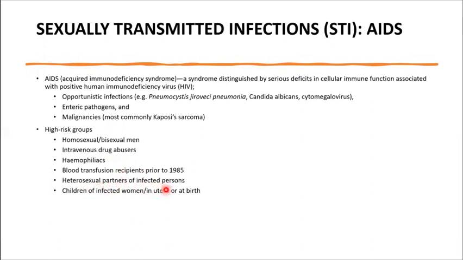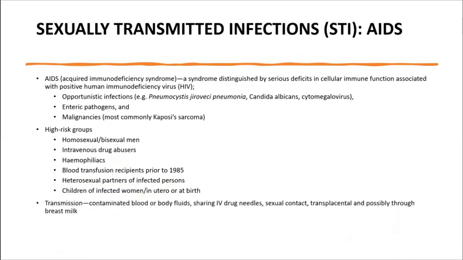Heterosexual partners of infected persons, children of infected women in utero or at birth. Again, transmission is going to be through contaminated blood or body fluid, sharing IV drug needles, sexual contact, transplacental, and possibly through breast milk. Again, you also want to know that time from exposure to symptom manifestations may be prolonged up to 10 to 12 years.